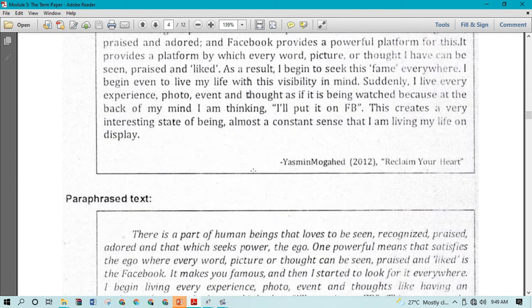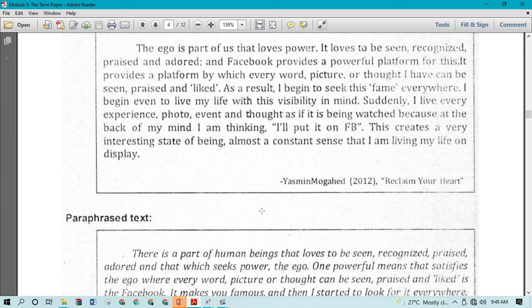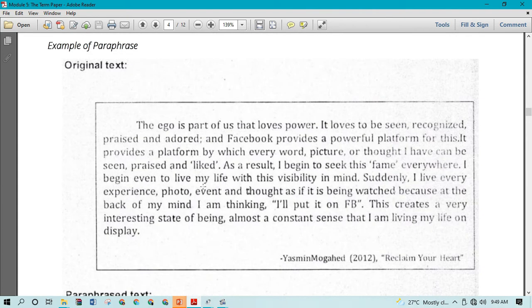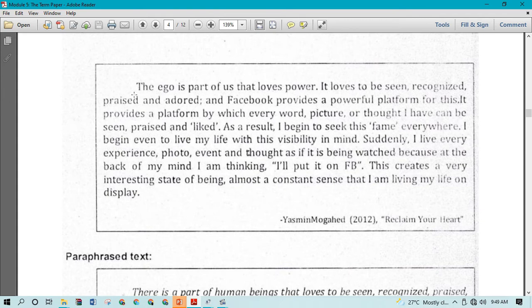For the paraphrased text, here's the example. There is a part of human beings that loves to be seen, recognized, praised, adored, and that which seeks power, which is the ego. As you notice, there is really a paraphrasing here because the content is not changed, but the structure is.